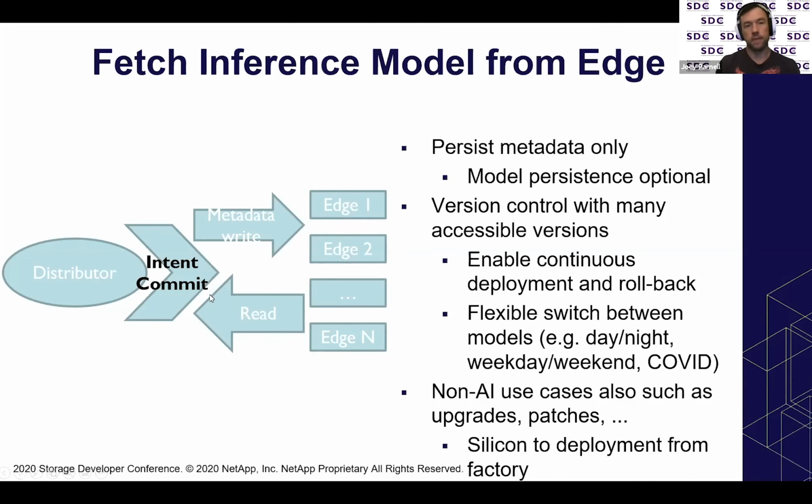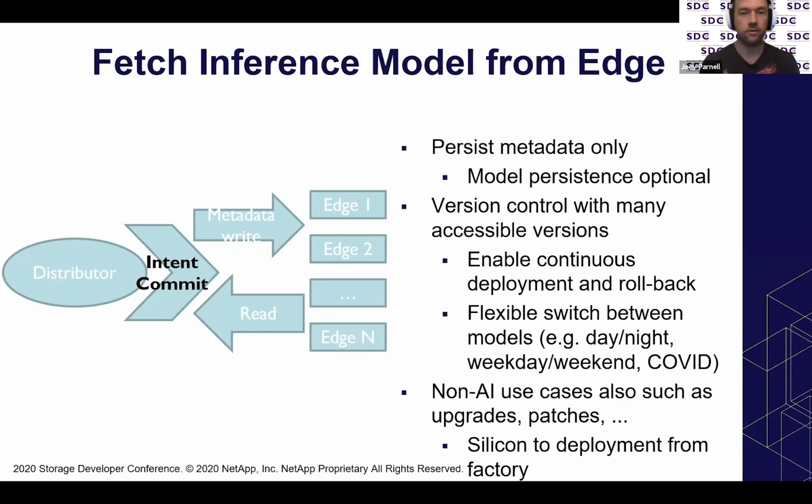So we write out metadata to the edge device, and then the edge device, when it's ready to pull in that model, will read the inference data from the distributor node and store it, and it could store it in memory only. It doesn't need to store it in persistent flash, and I'll get into that in a little bit.